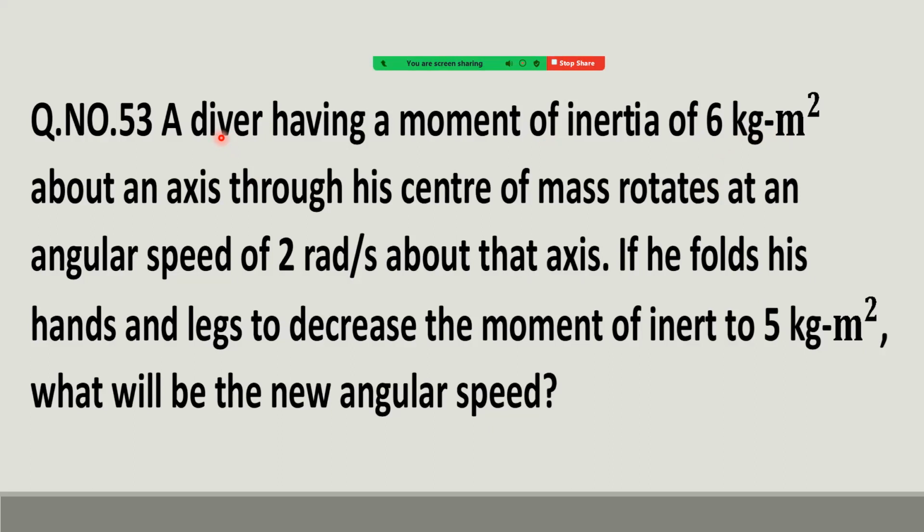Okay, a diver having moment of inertia 6 kg meter square about an axis through his center of mass rotates at an angular speed of 2 radian per second about that axis. If he folds his hands and legs to decrease the moment of inertia to 5 kg meter square, what will be the new angular speed? So you can focus, I value given, omega given. Here I value given, we have to find omega value.